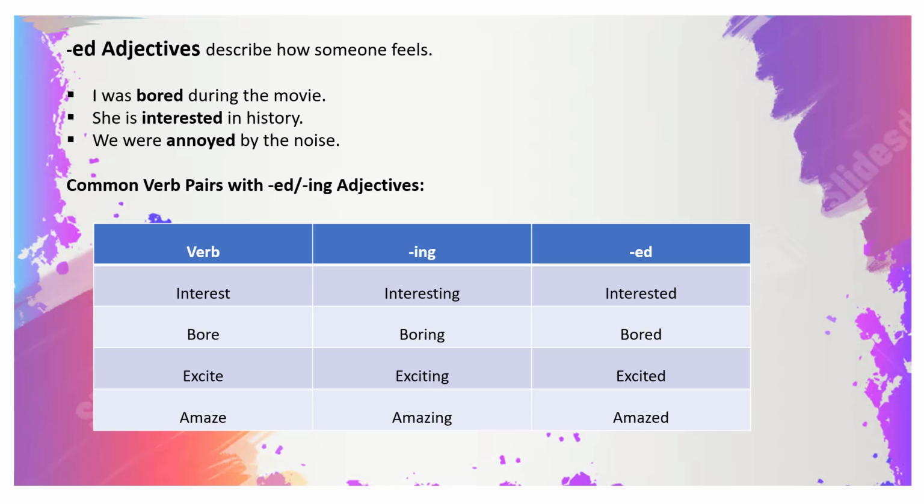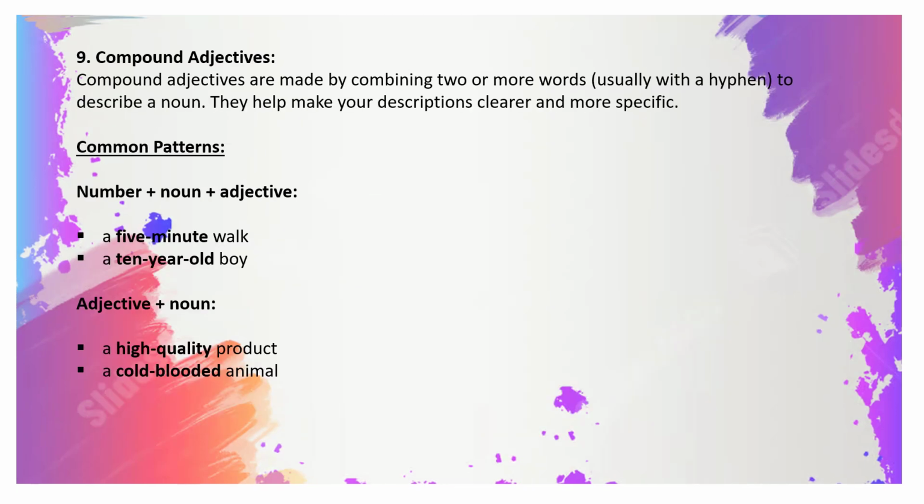Next are common verbs that pair with ed or ing adjectives. Interest, interesting, interested, bore, boring, bored, excite, exciting, excited, amaze, amazing, or amazed. The next type of adjective is compound adjective.